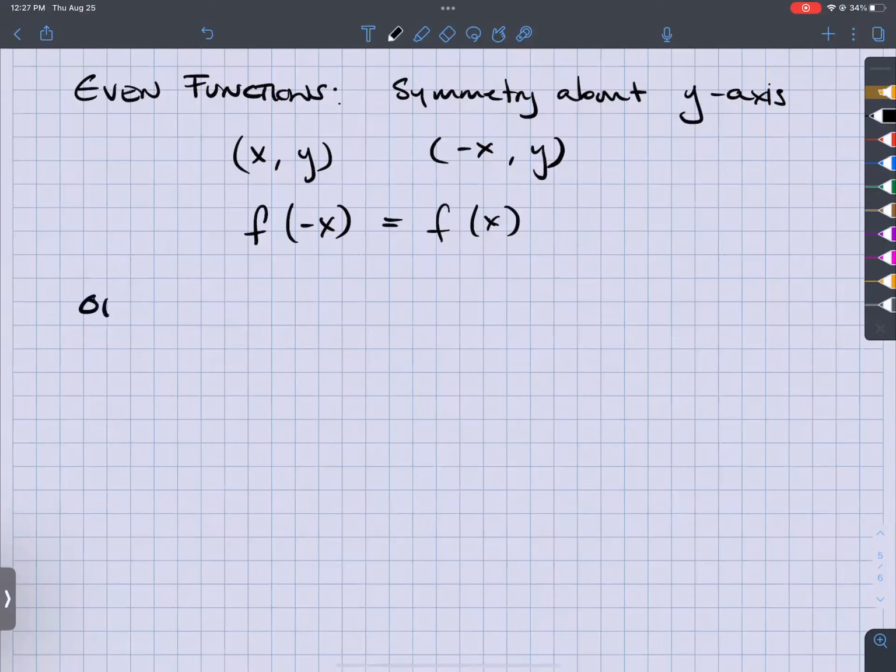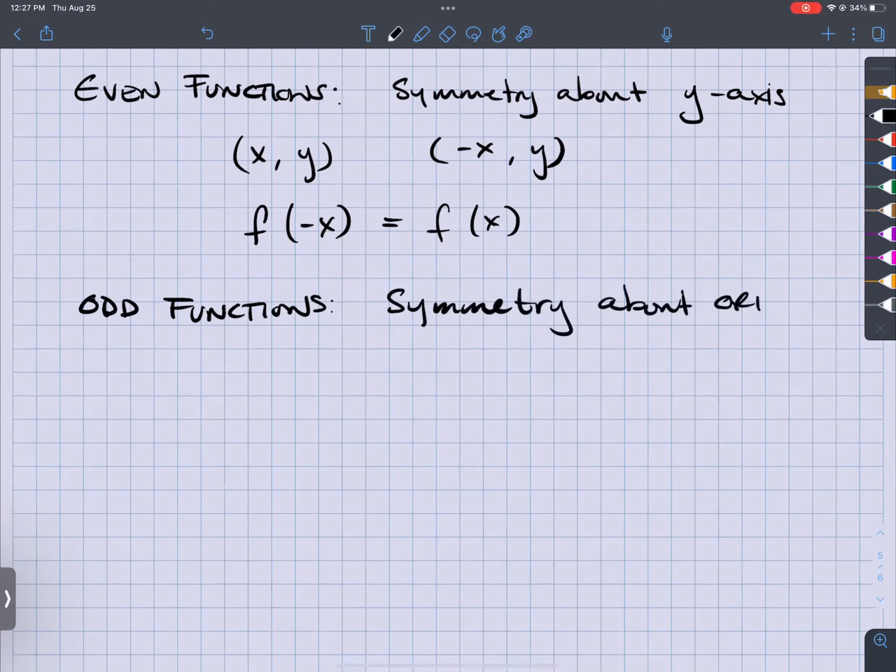An odd function. This is what Alfredo was talking about, right? It's symmetry about the origin. So if I have my point here, it's not this way, it's actually this way.